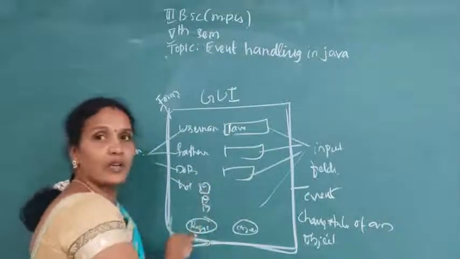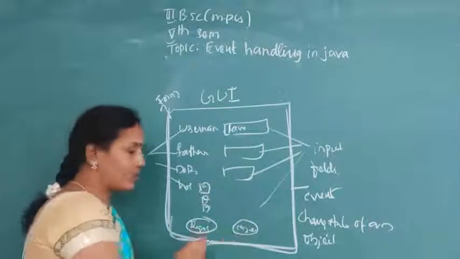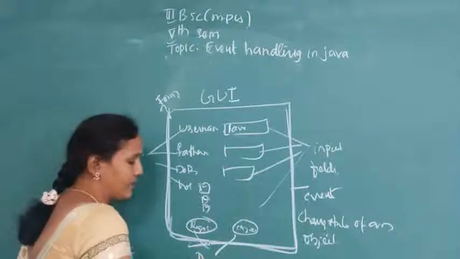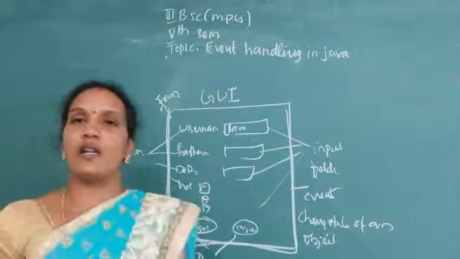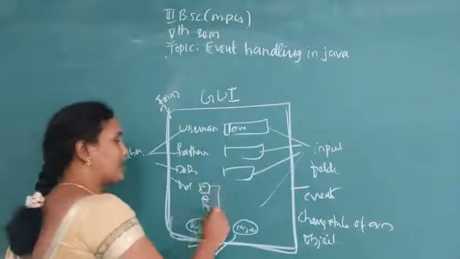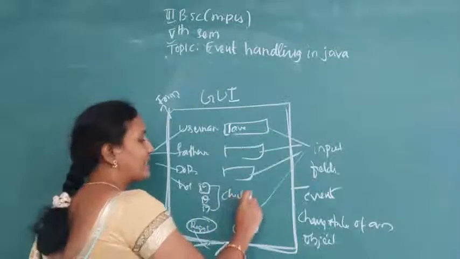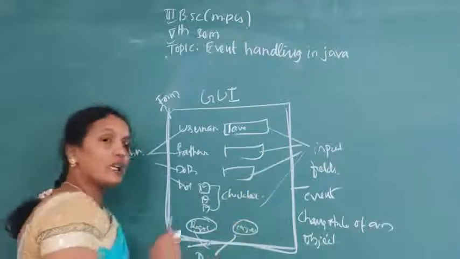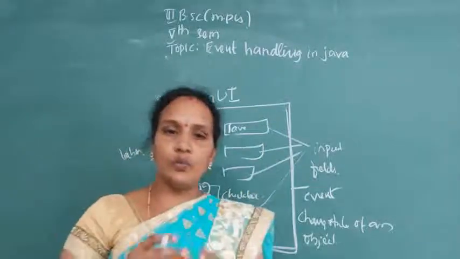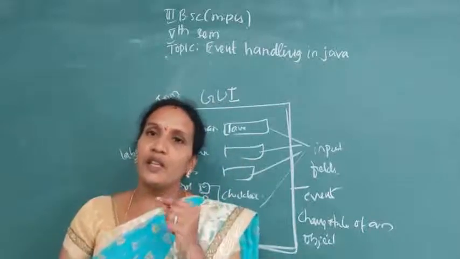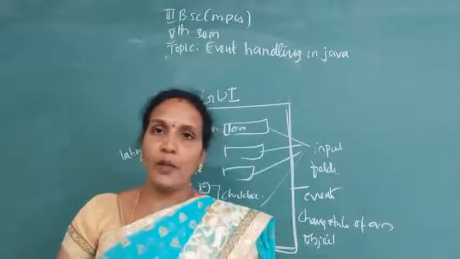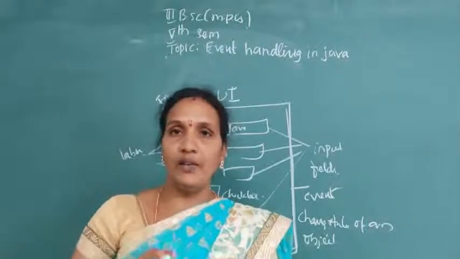The user is clicking on the buttons, these two are called buttons. Clicking on the button is also called an event. And these are called check boxes. Selecting check boxes is also called an event. So whatever actions the user is performing on the form, everything is called an event.